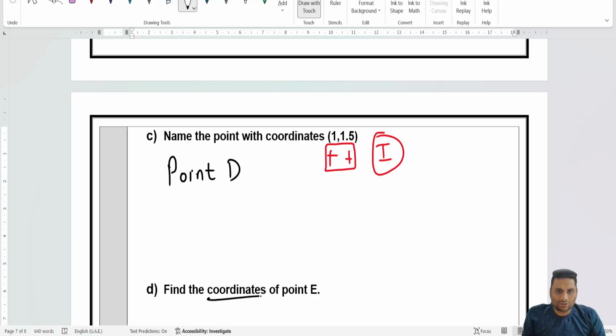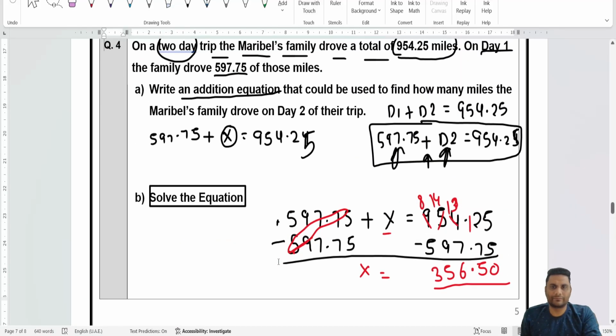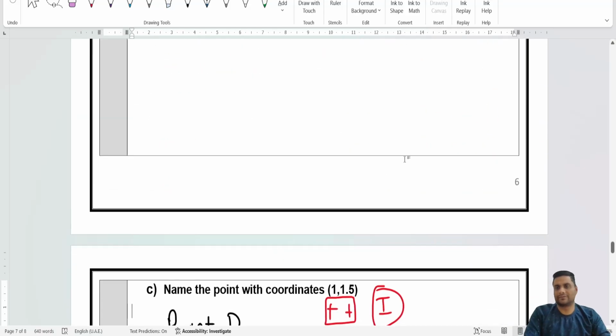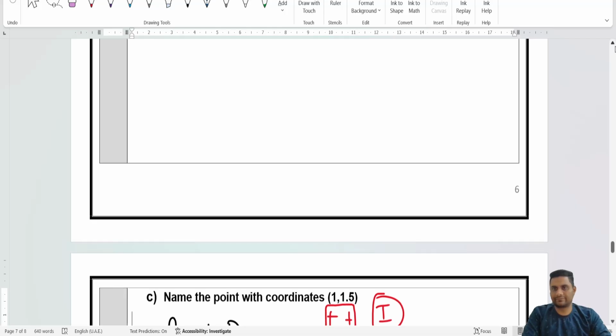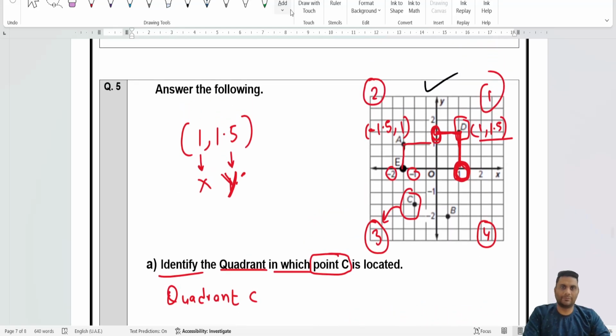Now again, find the coordinates of point E. We have to find the coordinates of point E. Let's see. Okay, let me erase some things.